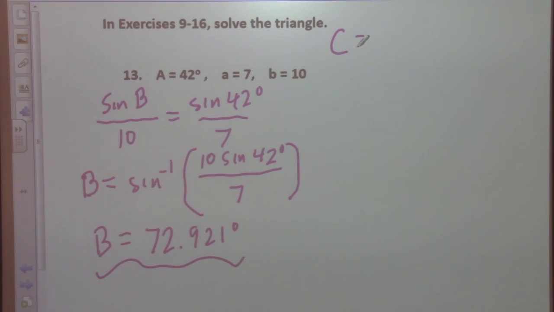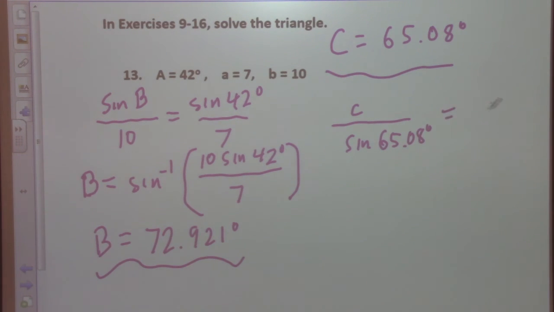So angle C is 65.07. Actually 65.08 if you remember, degrees. Okay, so that's angle C, and the next thing we need to do is find side C, which is little c over sine of 65.08 degrees equals 7 over sine 42 degrees.